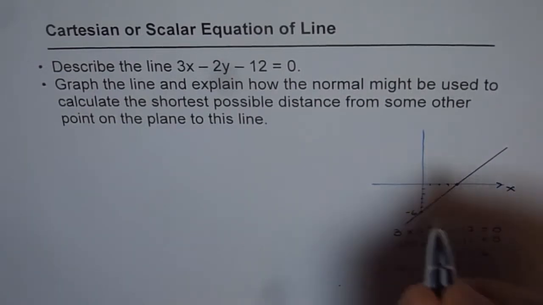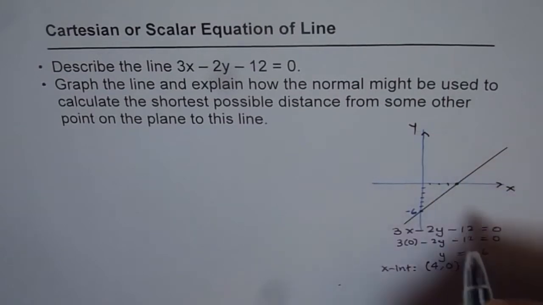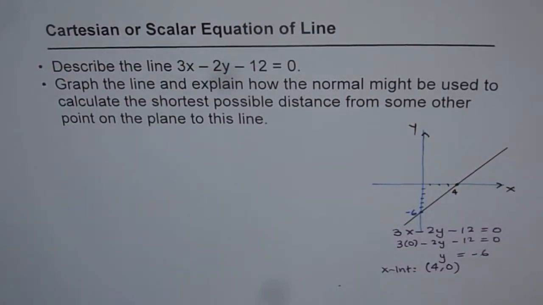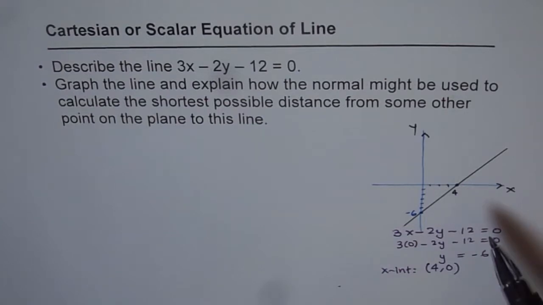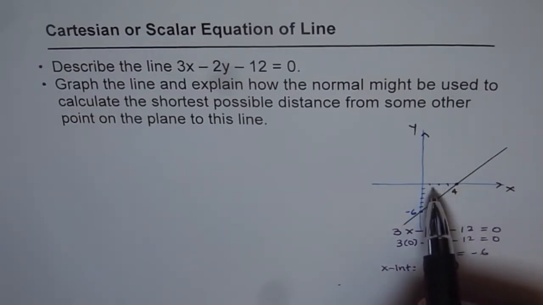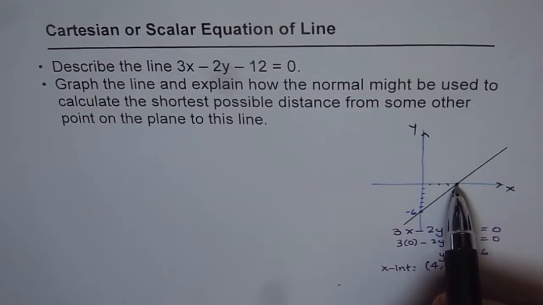So this is the x-axis, that is the y-axis. This point is 4 for us, the x-intercept. As you can see from here, the line has a direction vector. Going from here to here is 4 in the x direction and 6 in y, right? So that gives you the direction 4, 6.